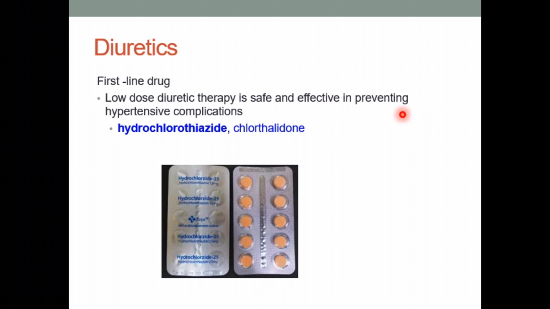Normally diuretics are used as the first line drug because of their safety and effectiveness in preventing hypertensive complications. The example that we have here is a diuretic called thiazide diuretics. The name is hydrochlorothiazide, and another example is chlorothalidone.